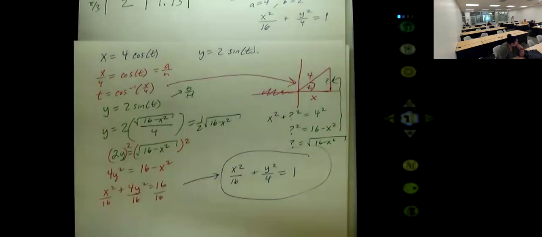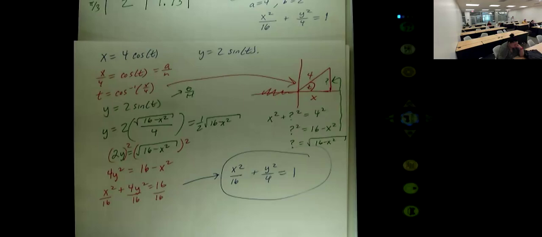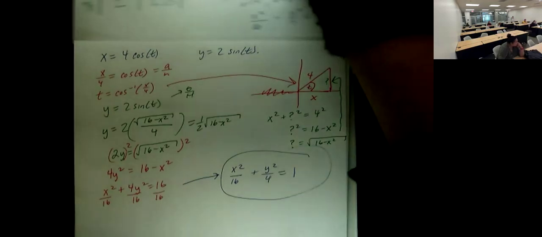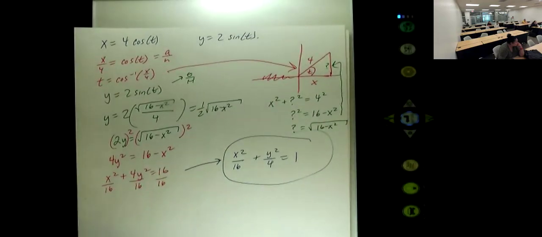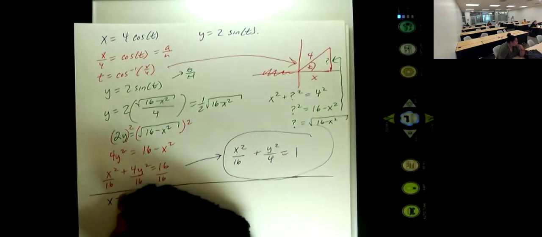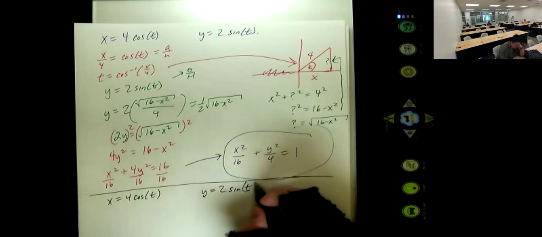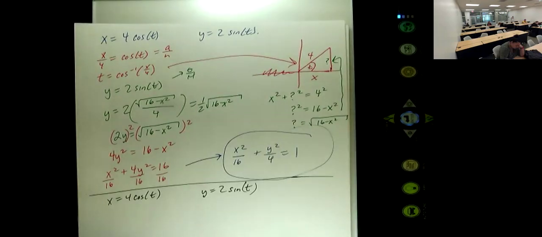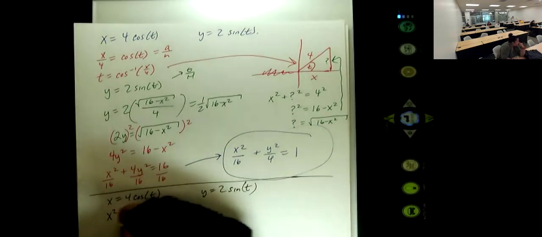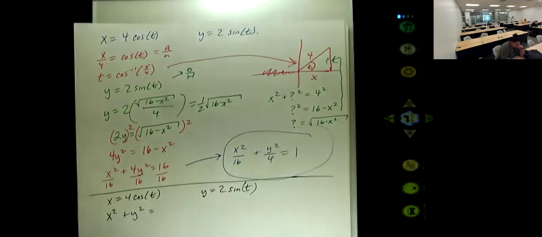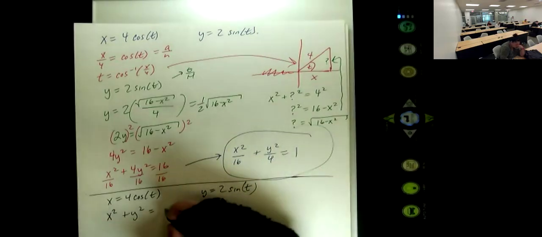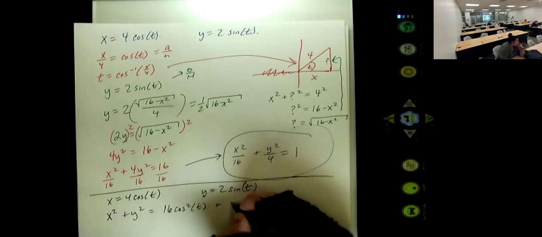Let's see if we can figure out the other way to do this. If I square both of these and add them together, I should get 16 cosine squared t plus 4 sine squared t.